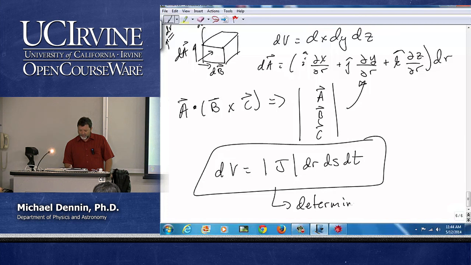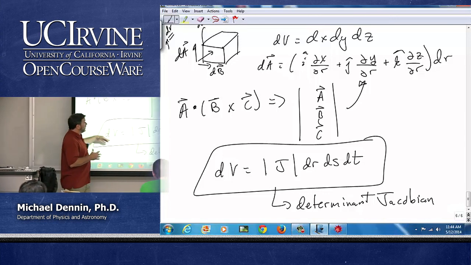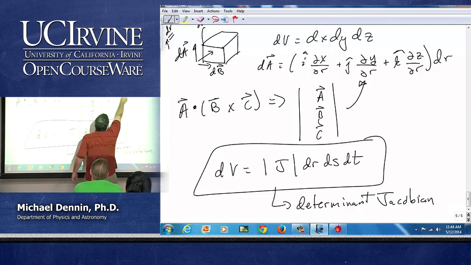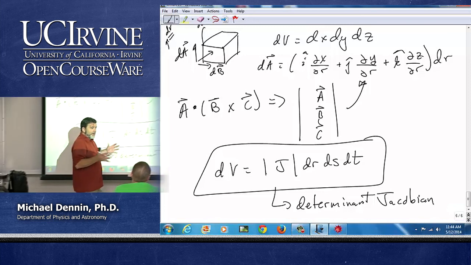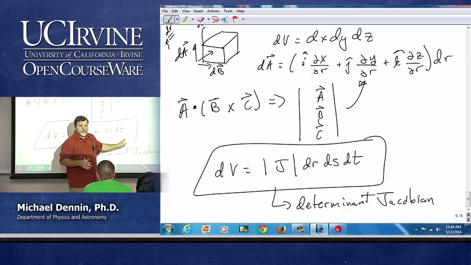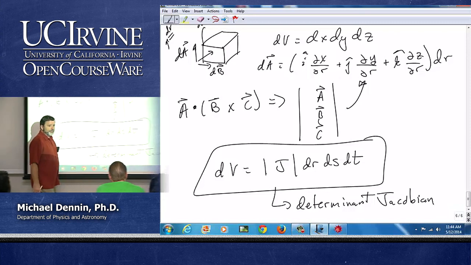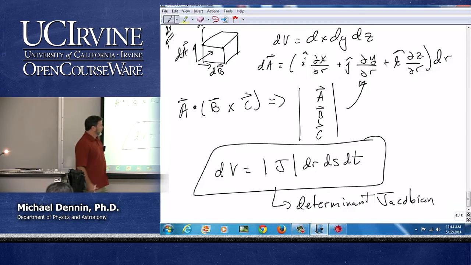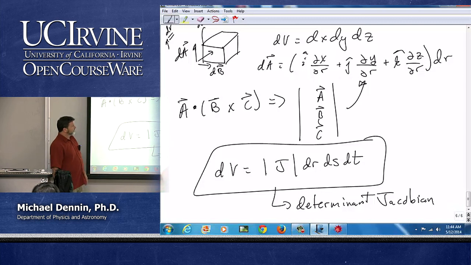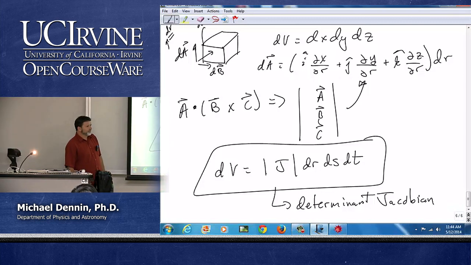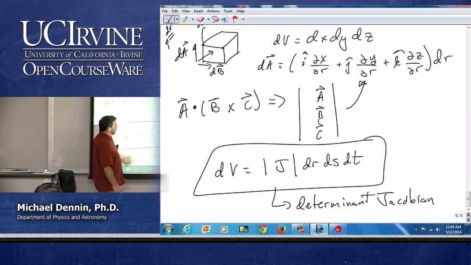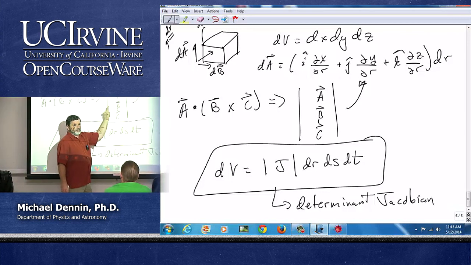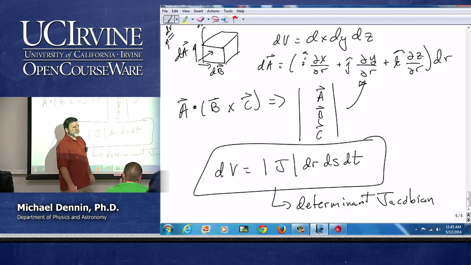And that is why the determinant of the Jacobian shows up, because determinants give volume elements, and the elements of the Jacobian are exactly the partial derivatives you need to give you those vector directions times the dr, ds, dt, which gives you the fundamental volume. And so that's the reason that all goes together. Is it important that it's the determinant of them as the rows? No, because remember, the determinant of A is the same as the determinant of A transpose, so it all works out.